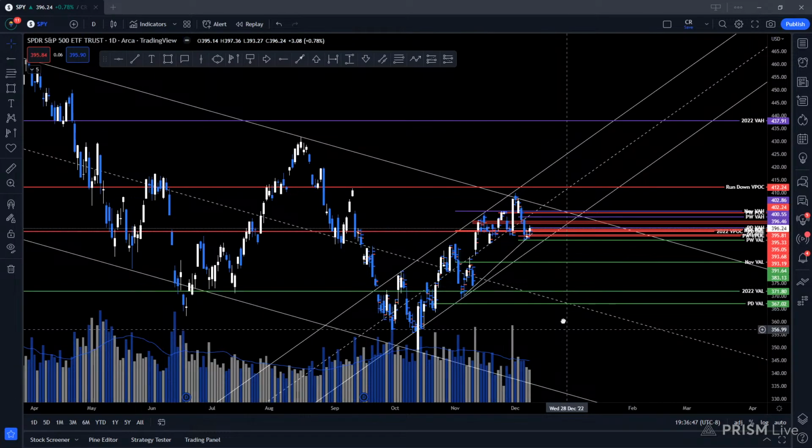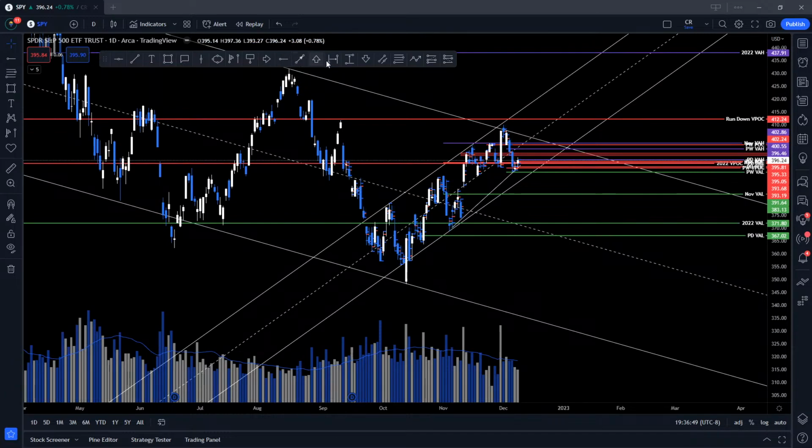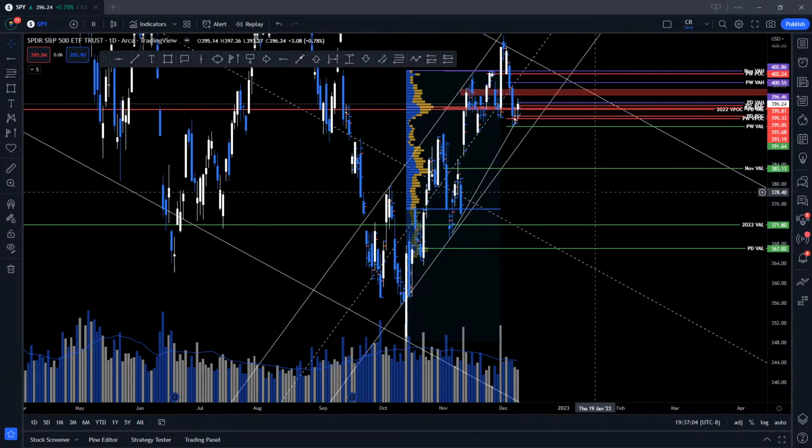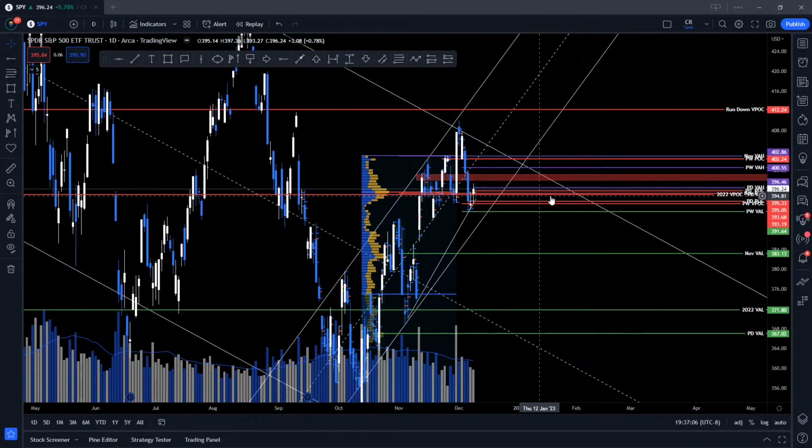And then if I do the run up with my fixed range volume profile, low to high, this is going to show me where buyers are stepping in, right? And then again, my POC is right at this level, which again is just showing us this is a massive, strong level here.